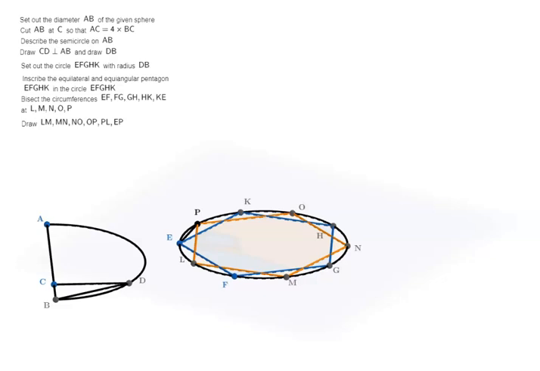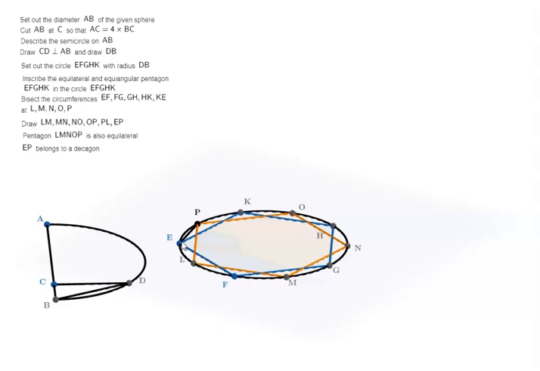So here pentagon LMNOP is also equilateral. EP belongs to the decagon. Here it says EP belongs to a decagon, but more specifically, it belongs to the decagon inscribed in this circle.